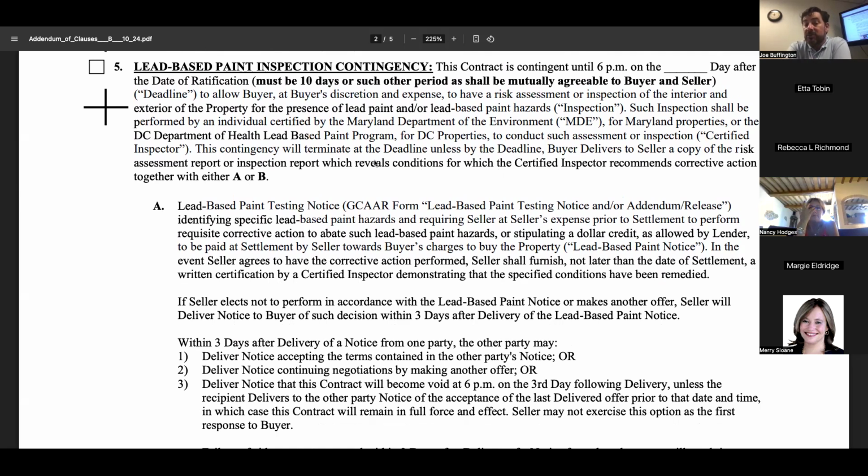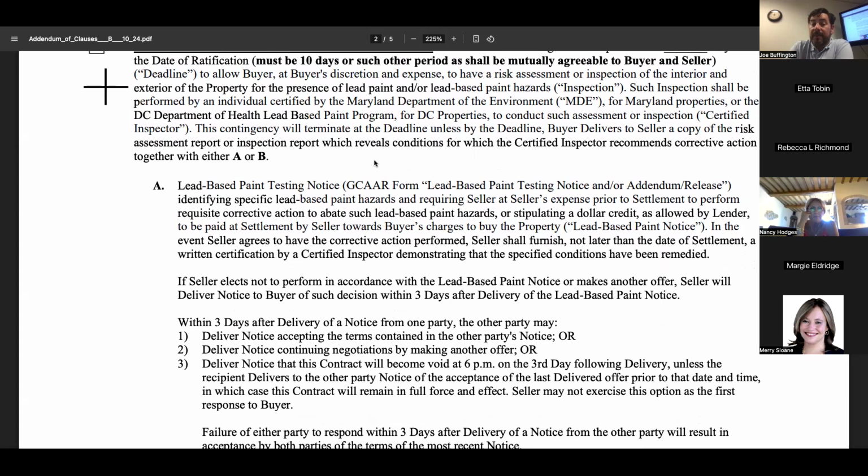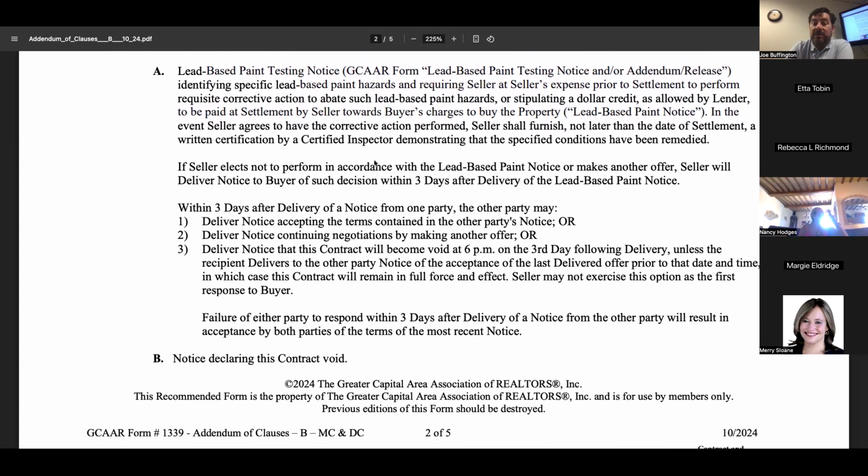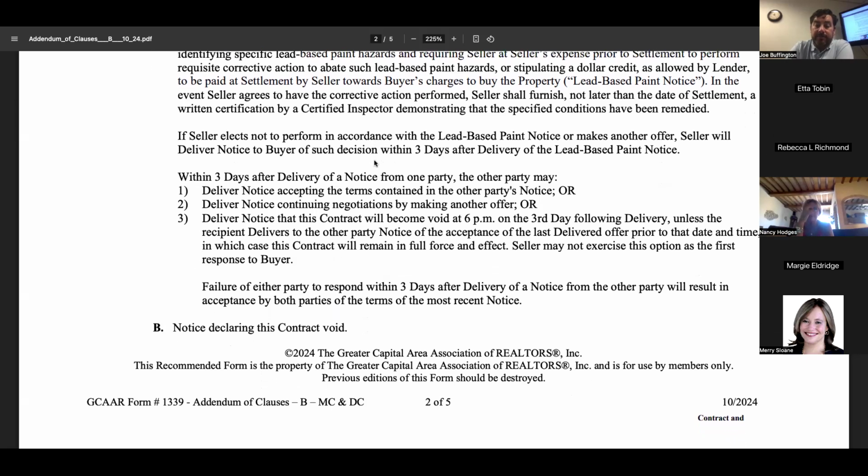This is very similar to the way radon's structured. You either do A or B. A, you deliver an unsatisfactory report, along with an addendum asking for remediation. You have a back and forth, 3-day, or the buyer can just void it.